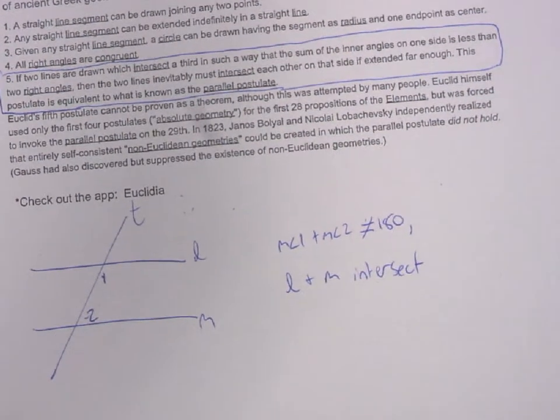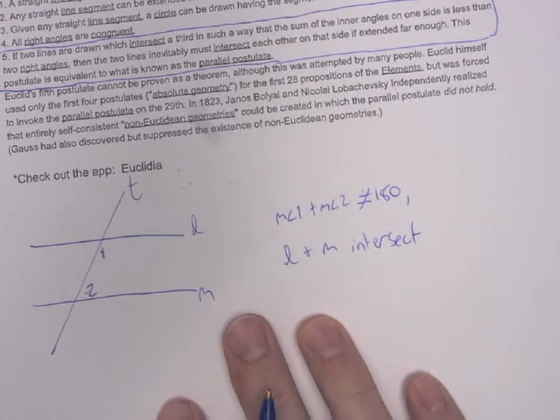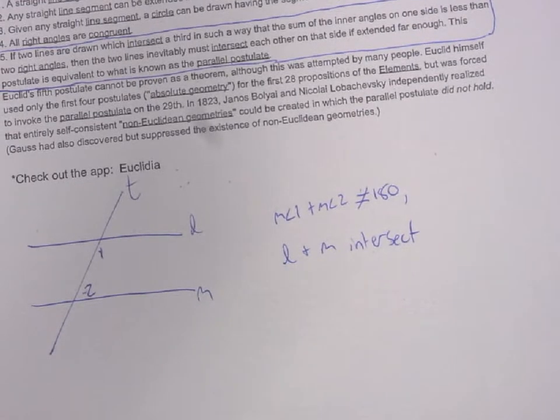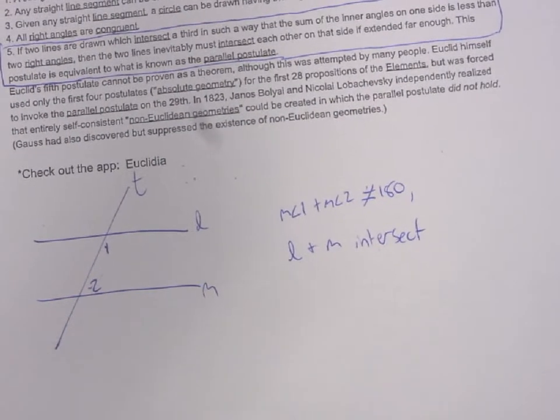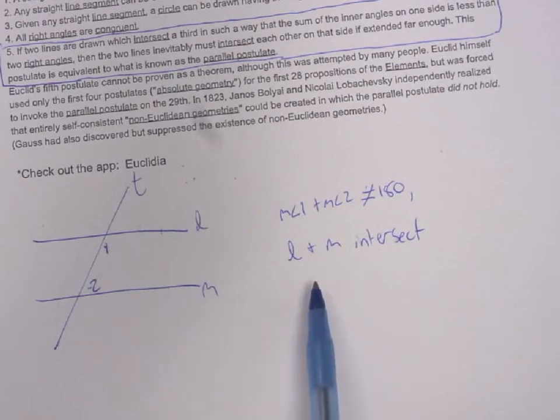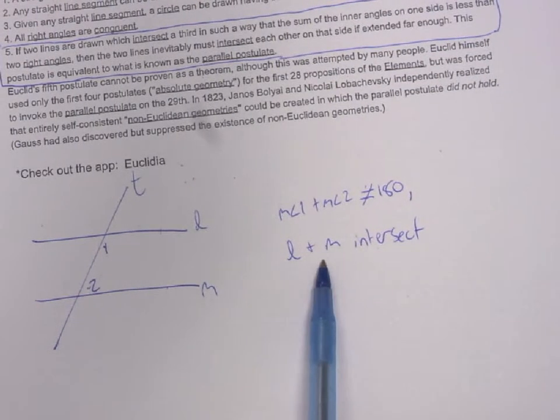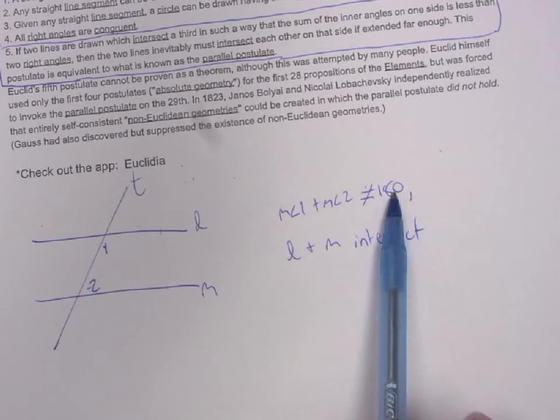You might be familiar with an idea called the contrapositive, which is a statement that is logically equivalent to a statement, but you get there by switching the order of the statements and negating them. So another way of saying Euclid's fifth postulate is basically to say if these two lines are parallel, meaning they don't intersect, then these do have to equal 180.